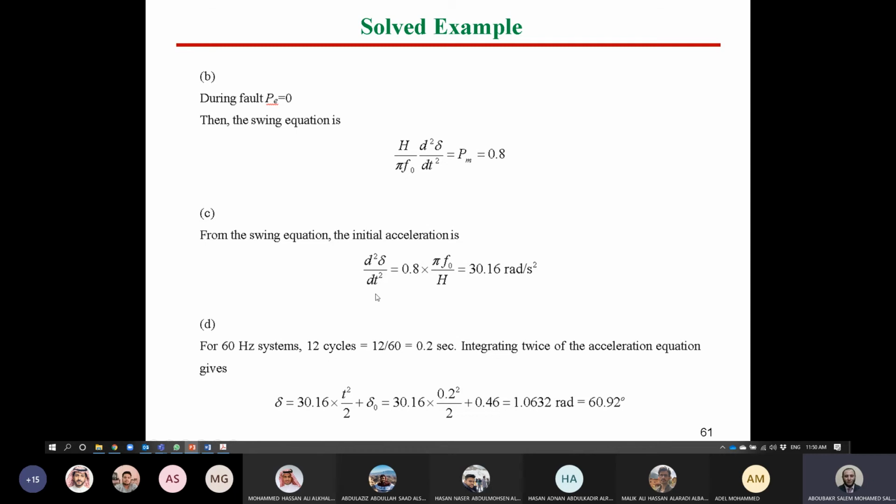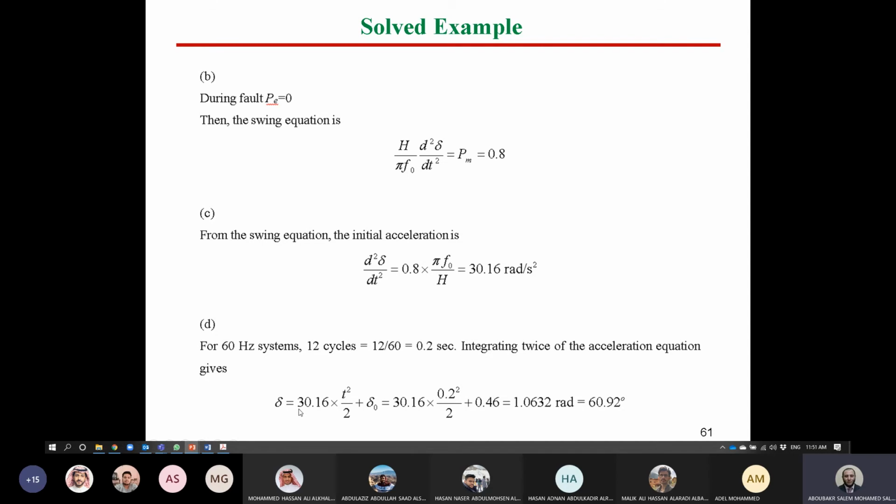So we can now use the relation of d squared delta over dt squared and integrate this relation two times in order to get delta. You will find that here you have d squared delta over dt squared equal to 30.16. So make a double integration.